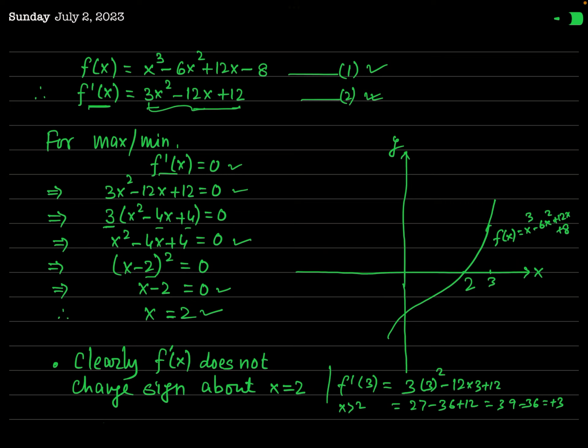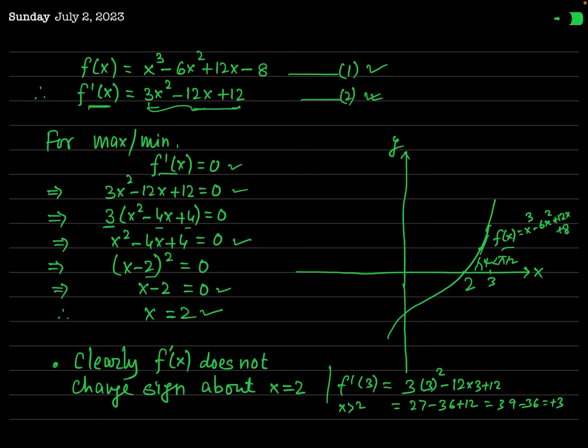Okay, this is positive. And you can also see from this curve which I have plotted here for the function f of x, that when we take a point here and draw a tangent, this tangent will make an angle which is less than pi by 2, and so the slope will be positive.